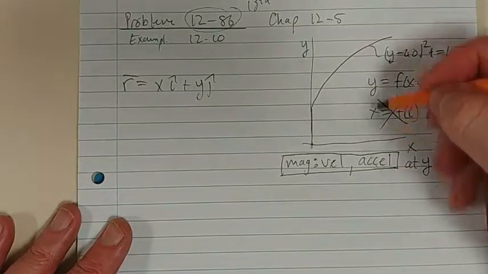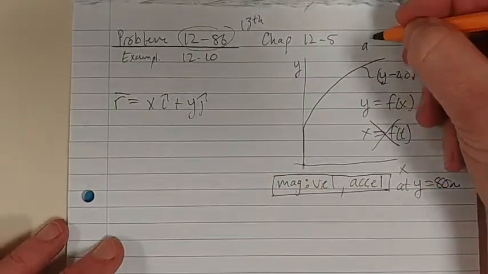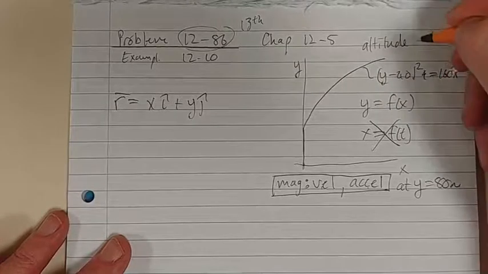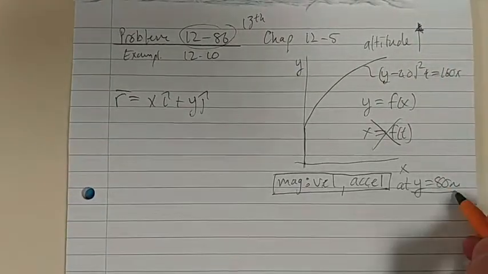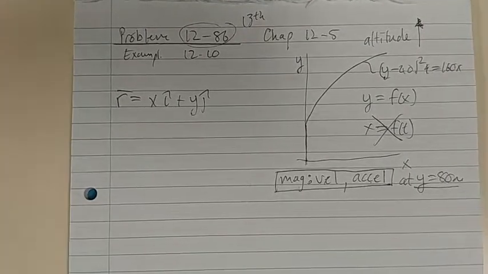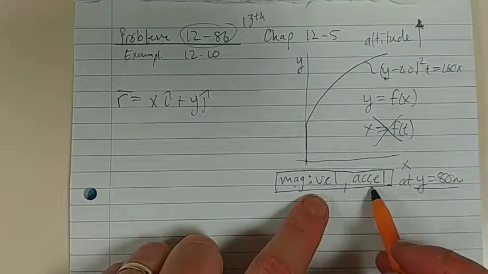And altitude, guys, I hope you know what that means. Altitude means basically your height. So at an altitude of 80 meters, what is the magnitude of the velocity and acceleration?